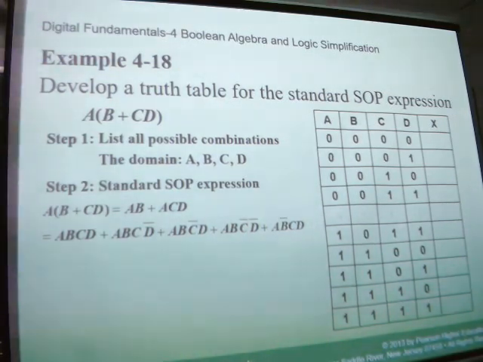Equals ABC plus C bar. So it equals ABC plus ABC bar.